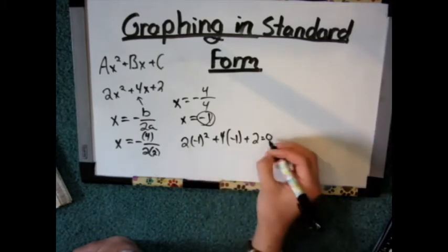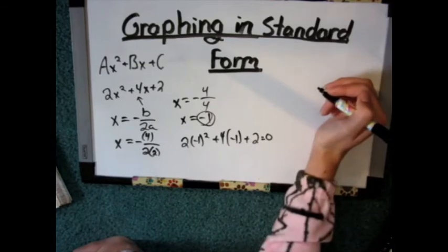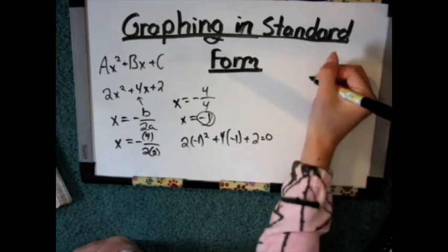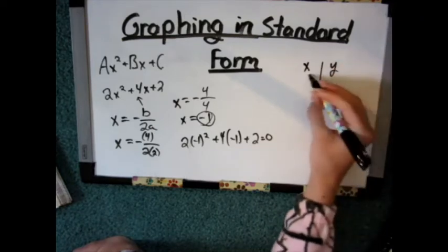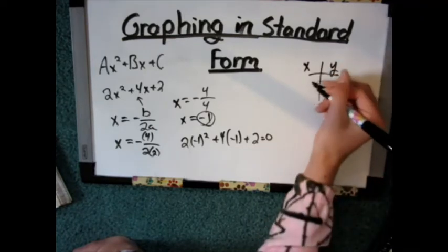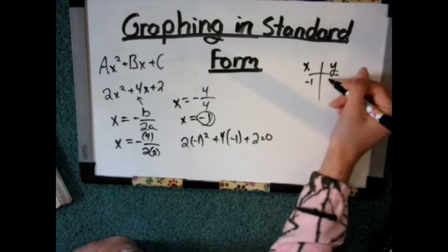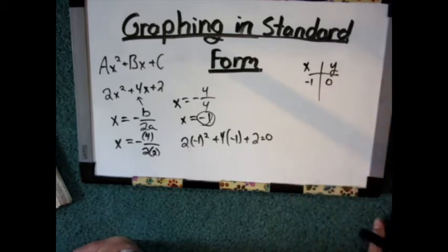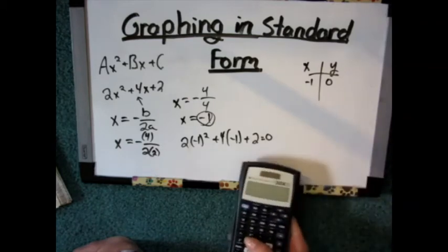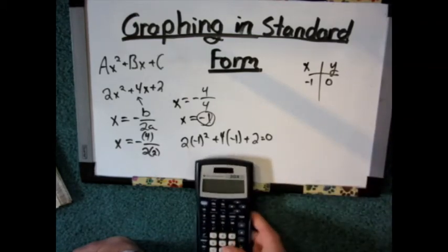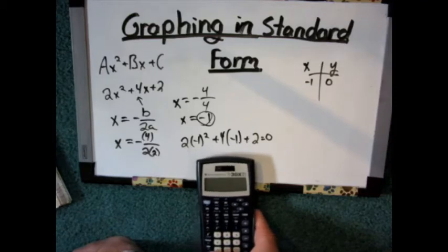So now once you have your first point, which is your vertex, you can just make yourself a table for all your x and y values. And then the vertex is, of course, one of the values you got. And from here, you're just going to want to start plugging in a few different values to get some points on your graph.